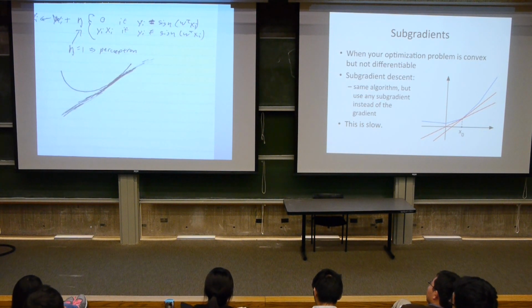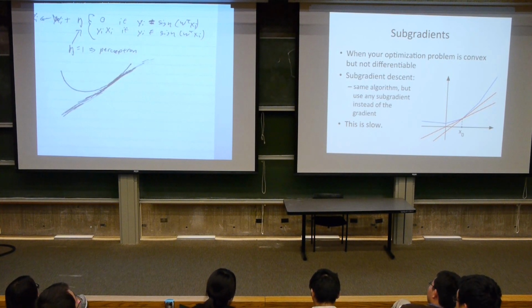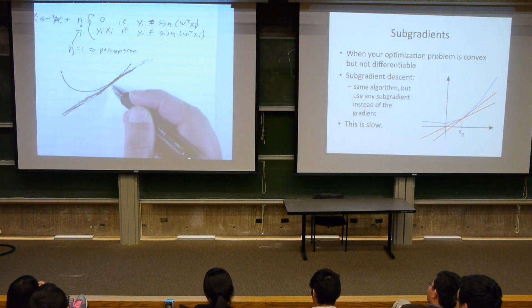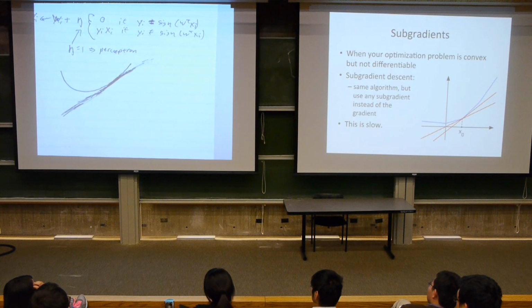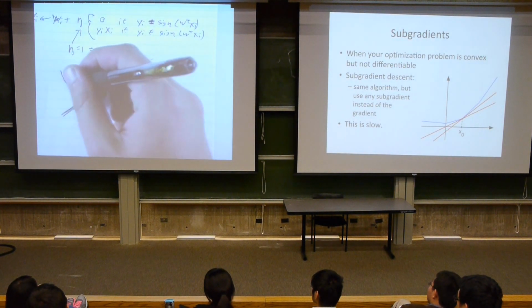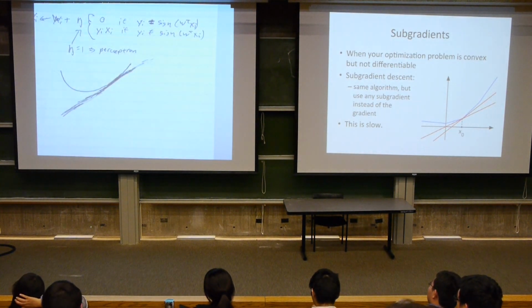For subgradients, it's the same thing. It's any tangent plane that lies under the function. In a differentiable function, there's only one such tangent plane. If you move it in any other direction, it'll cross over, because that's the definition of what a derivative is.